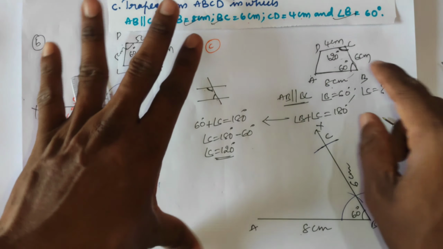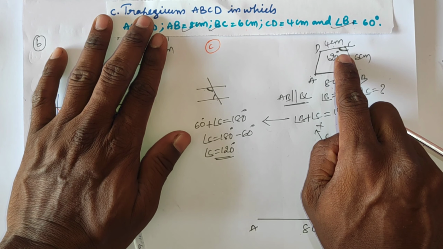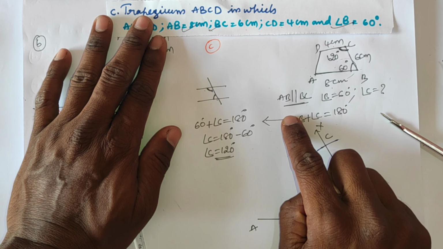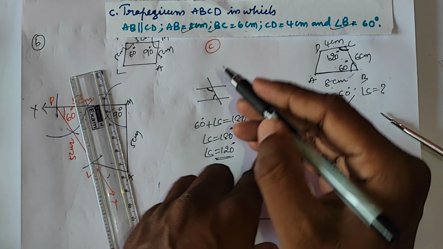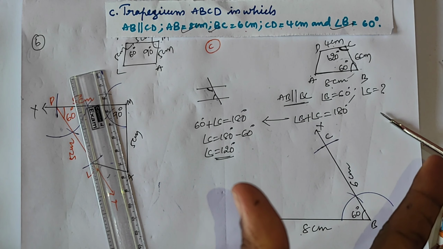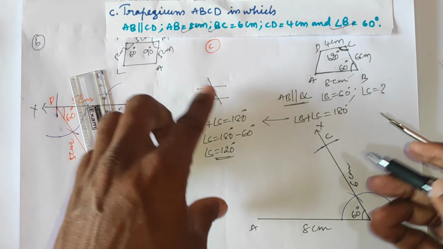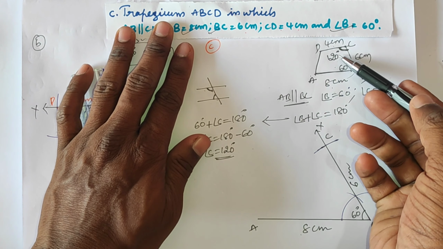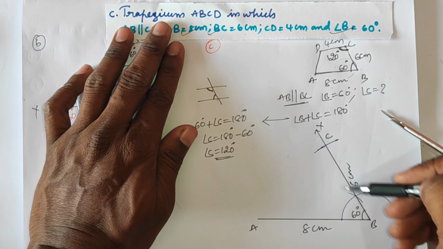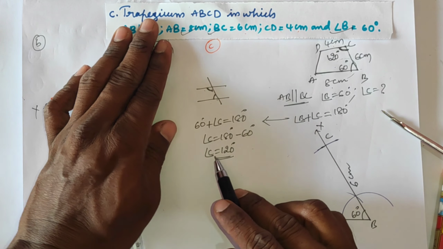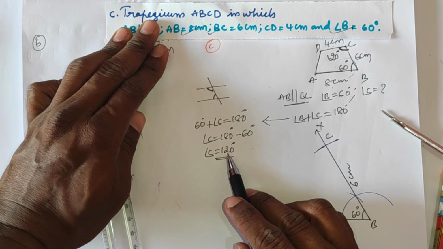These two are complete, right? Now, with the transversal line rule, we know that the sum of interior angles of a transversal line is equal to 180. Angle C is how much we measure here? 120 degrees, right? With that, we got angle C is equal to 120 degrees.